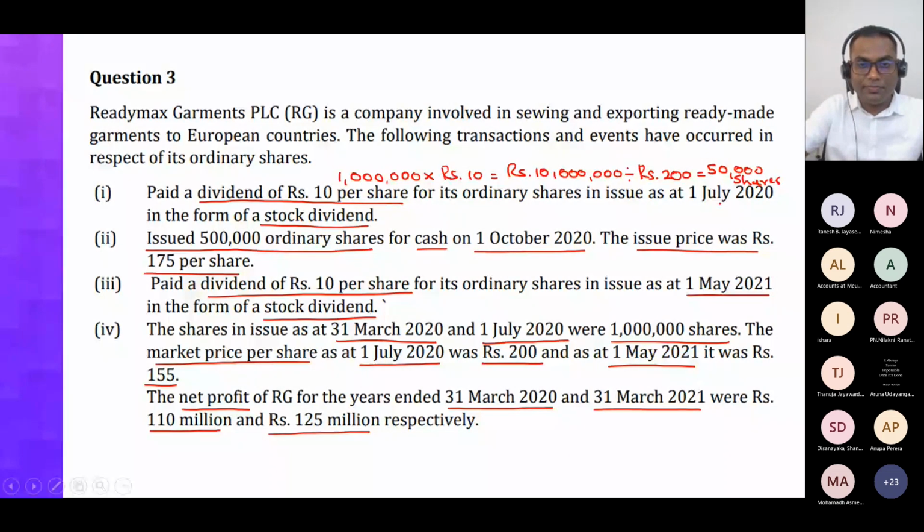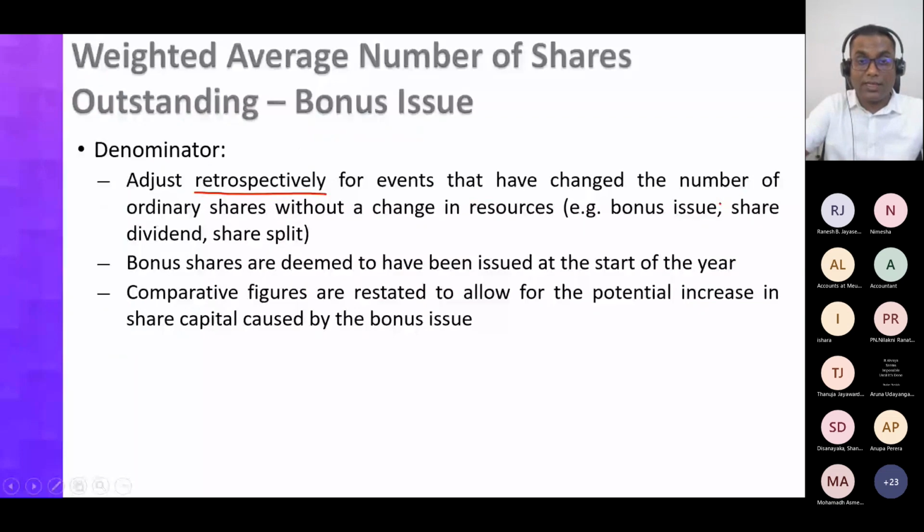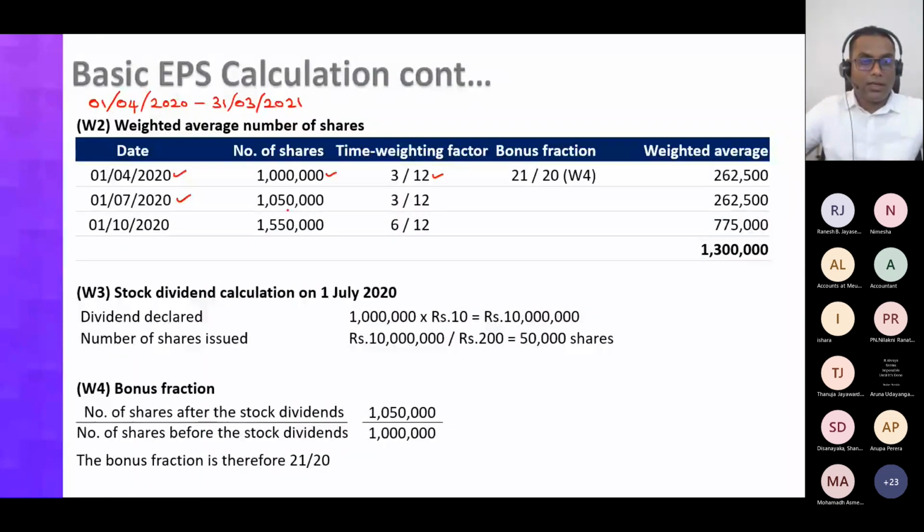So what I do is, look at this. Now that means the number of shares will increase to 1,050,000 on 1st July 2020, right? That is the 1 million shares that were there plus an additional 50,000 shares. Here I have even mentioned how these 50,000 shares have come, as a working stock dividend calculation on 1st July 2020.